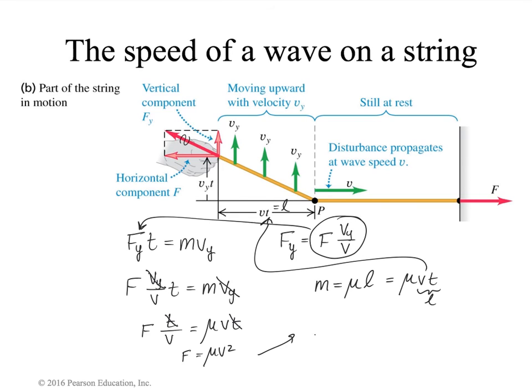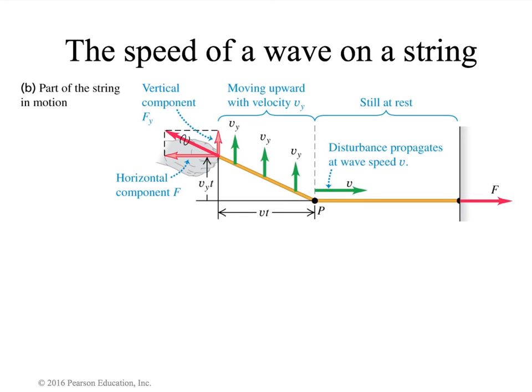So v can be written as the square root of F over mu, taking the square root. And that's the expression for the speed of a wave on the string.